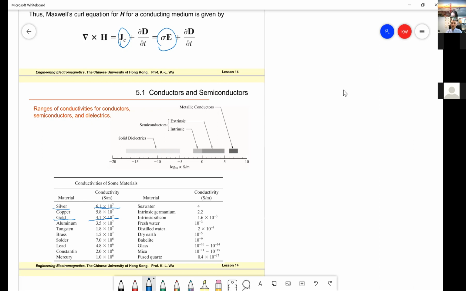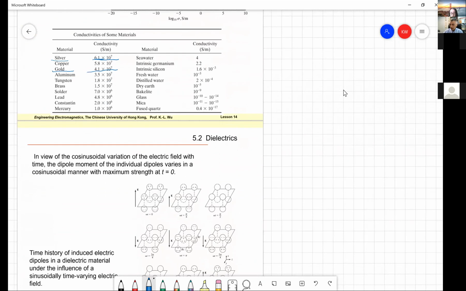The Tokyo Olympics gold medals are made of recycled gold from old mobile phones. Okay, so that is the conductivity.